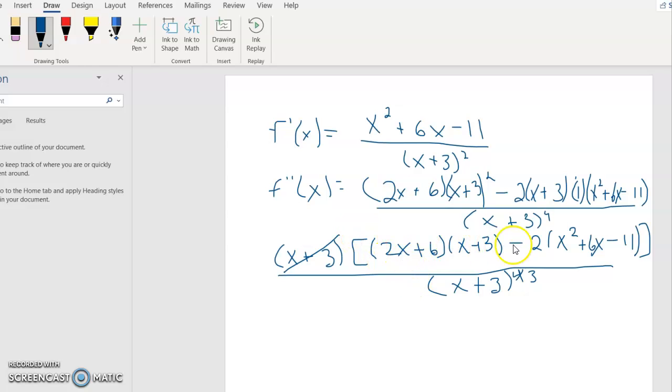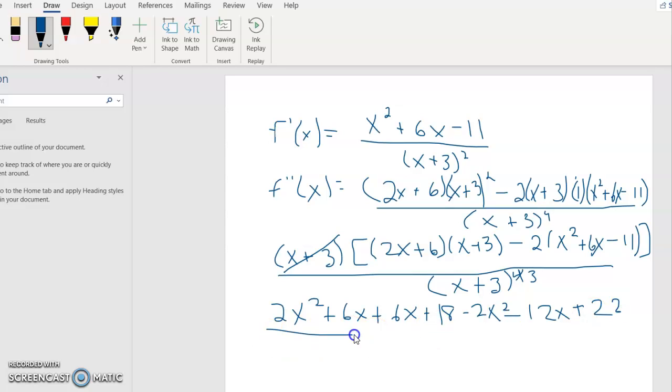All right, so now let's multiply everything out that's left in the top. So if we FOIL this out, we'll get 2x squared, 6x, 6x, and 18. And if I distribute the negative 2, I'll get negative 2x squared. Well, this is going to turn out nicer than I thought. Negative 12x and 22. And then our bottom is x plus 3 to the 3rd power.